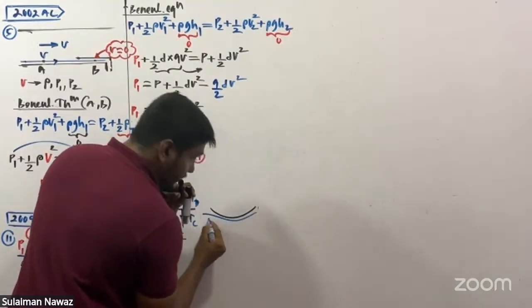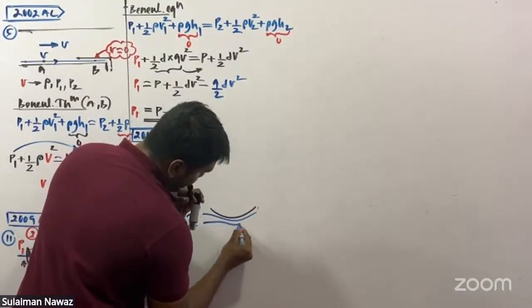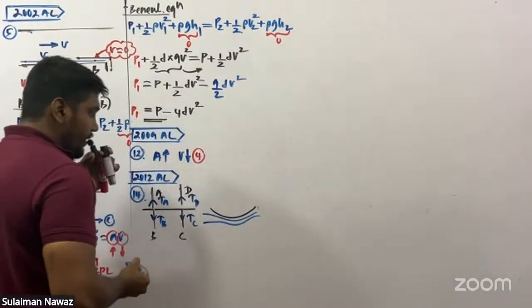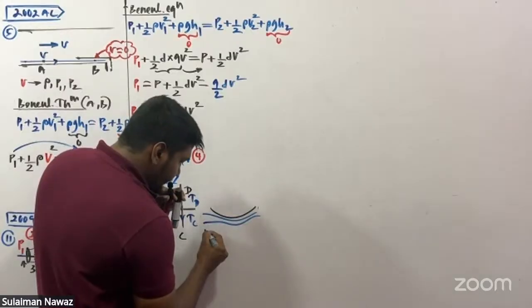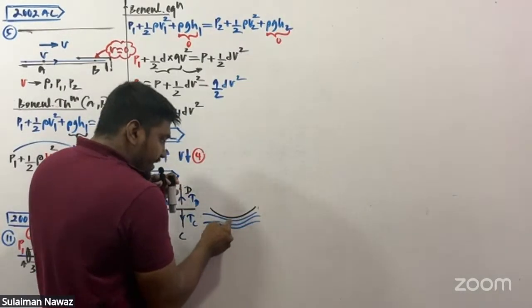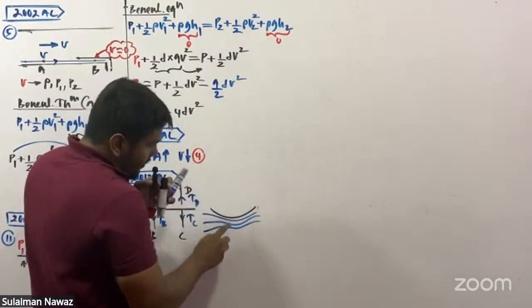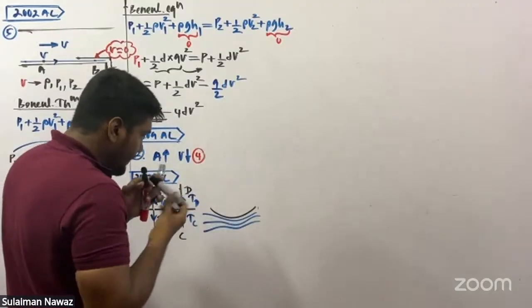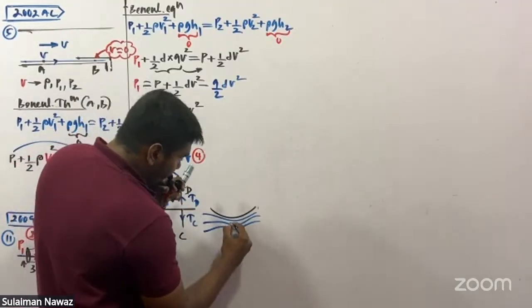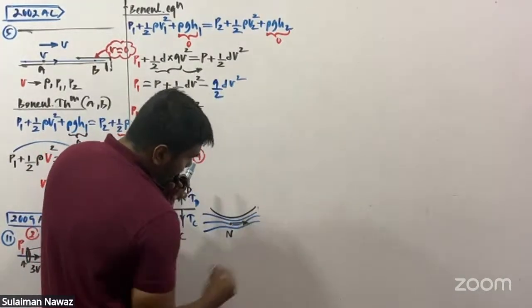When the gap between the air streamlines is less, we know that the velocity of the air streamlines on the BC side is going to be larger. I mark this point as point N, so the velocity at point N is going to be larger.